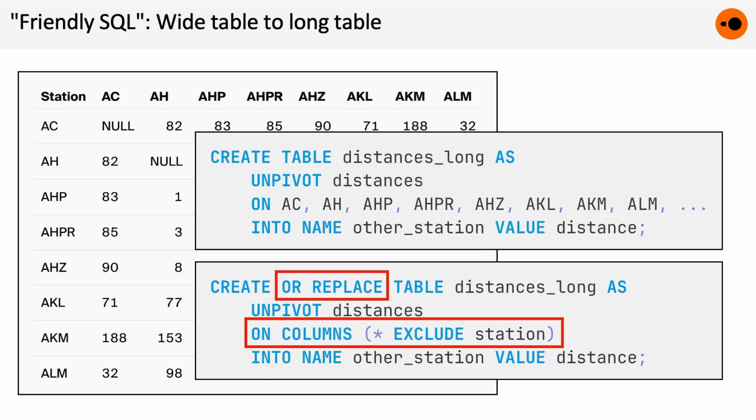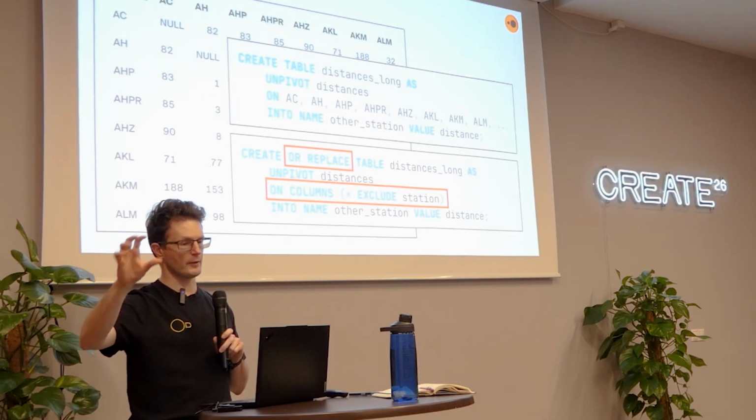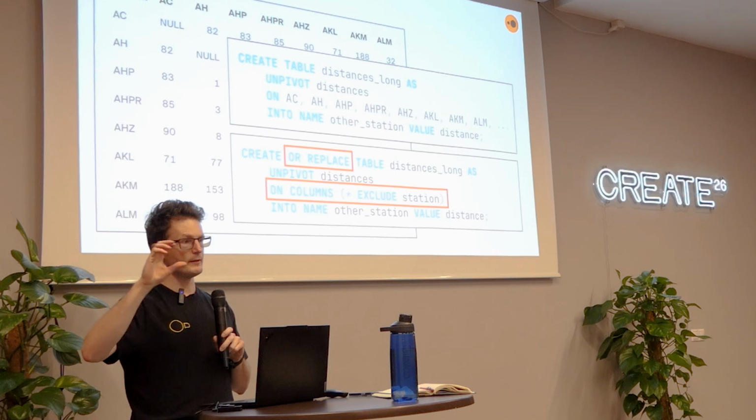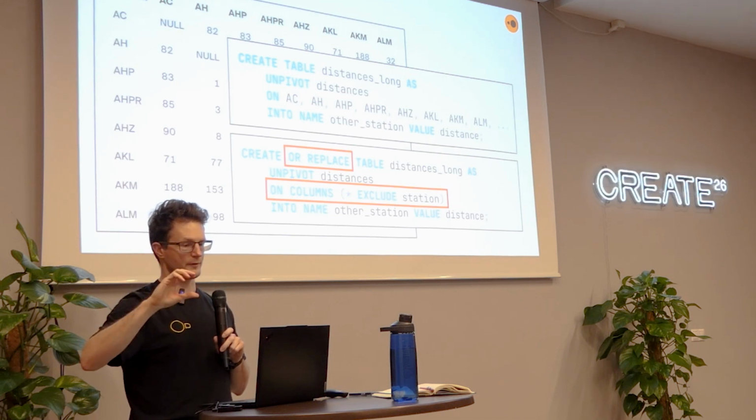DuckDB has something called ON COLUMNS, where the COLUMNS(*) expression is substituted with the list of columns in the table, and then you can exclude given columns from it. So this is a really neat and short way of expressing it.